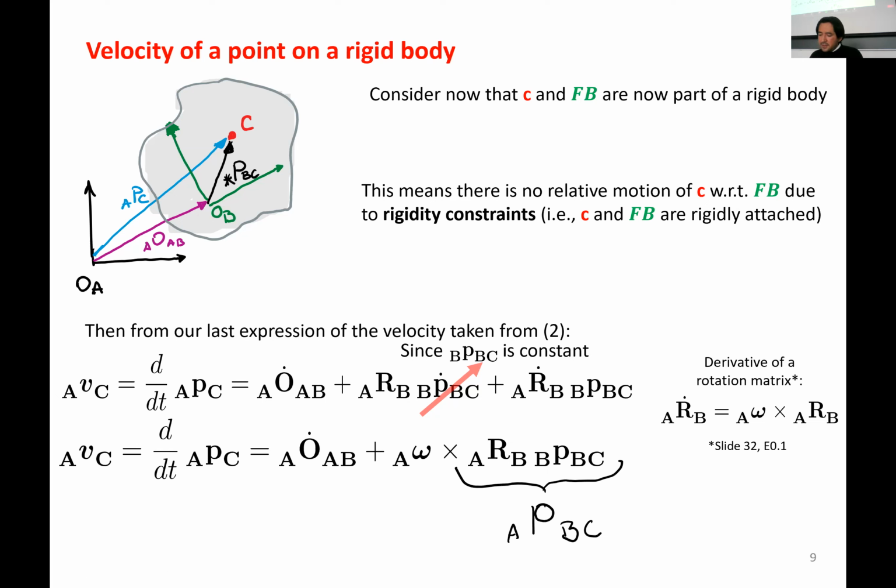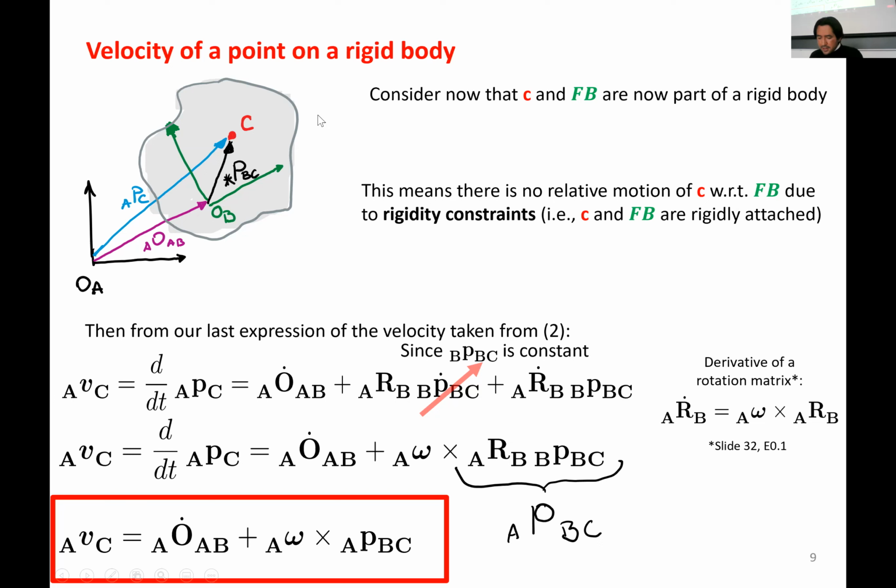In the end, we come back to the previous expression that we had, which expresses the vector that goes from the origin of B to point C with respect to A, and then this is the velocity of the rigid body. So it's a very compact expression that also comes from the fact that we are assuming rigidity constraints.